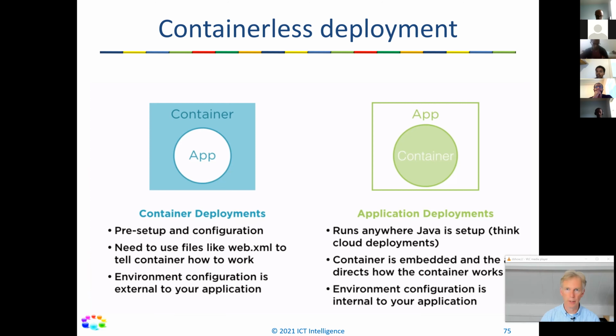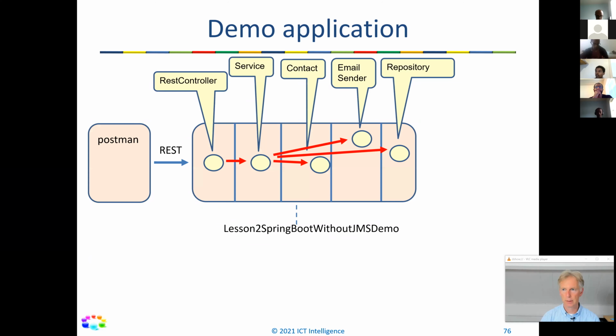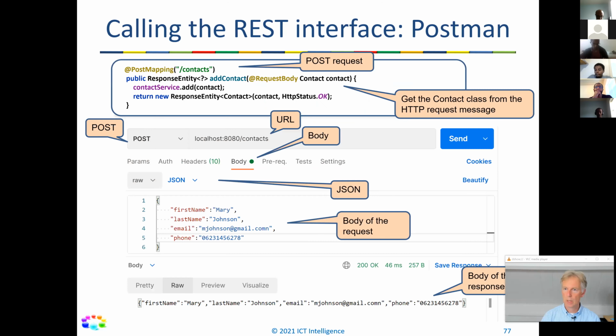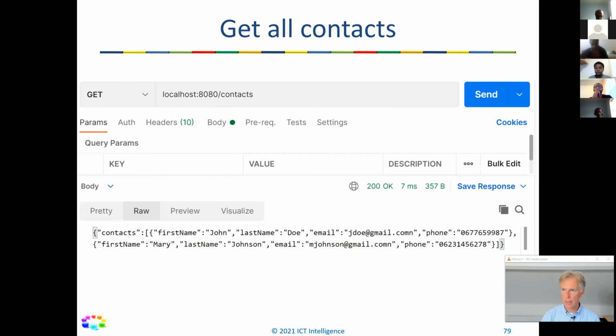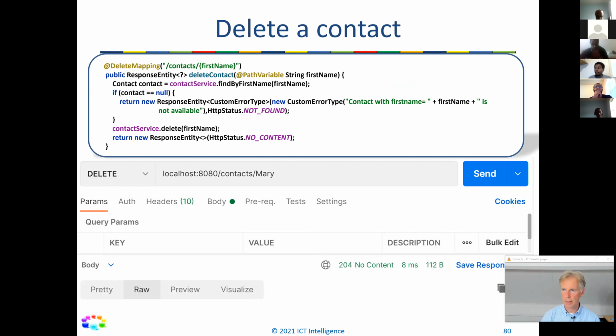I don't have to deploy anything. It works automatically. So this is what we have so far. This is what I just demoed. I want to add a contact. So here I add a contact, and here get one contact, get all contacts, delete a contact. So we've seen this.